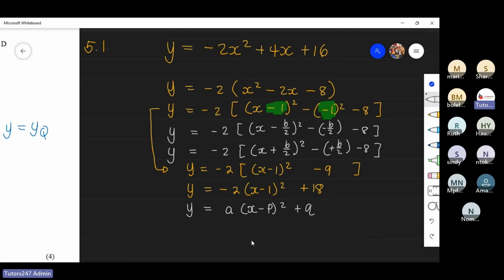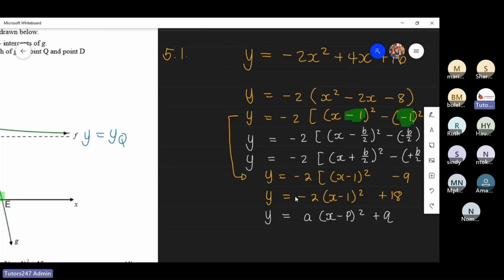So as you can see, our value of p is +1, our value of q is +18, and our value of a is -2. And yes, p is +1, not -1. Remember what we discussed earlier, that the value of p, which is the x value of your turning point, is always the opposite sign. Now, let us move on to the next question.